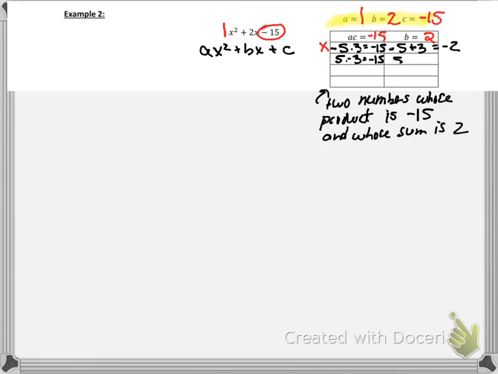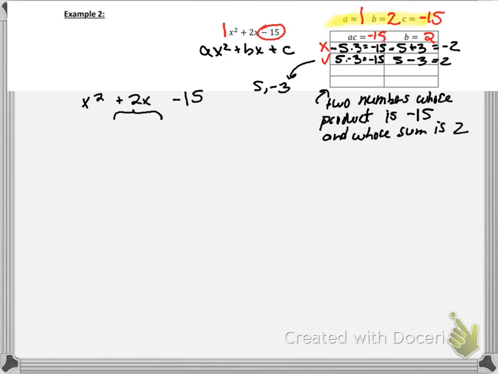So we have 5 minus 3 over here, that gives us positive 2. So that is our solution. Our two factors are 5 and negative 3. Let's go back to our original expression, which is x squared plus 2x minus 15.